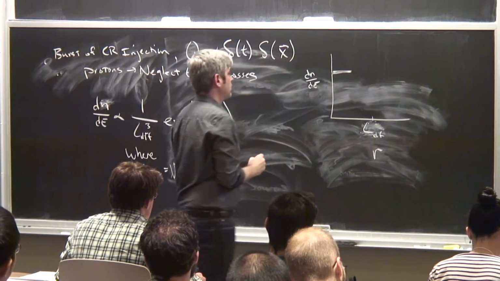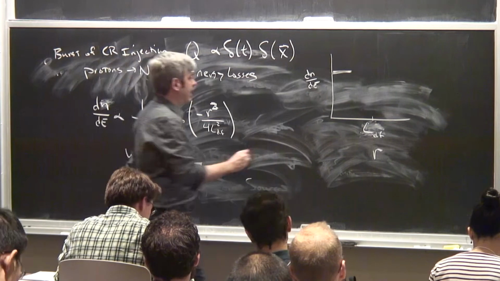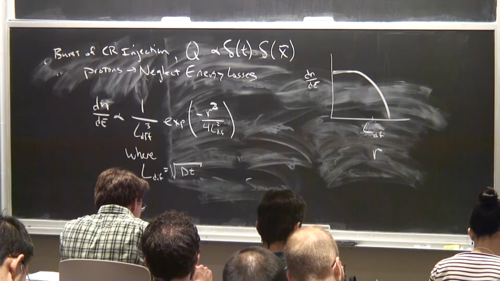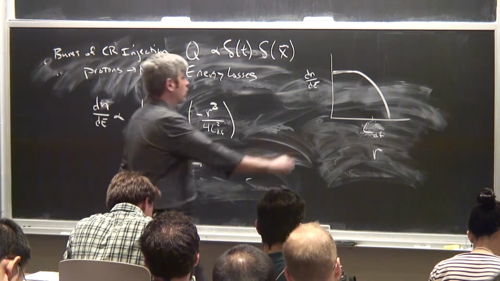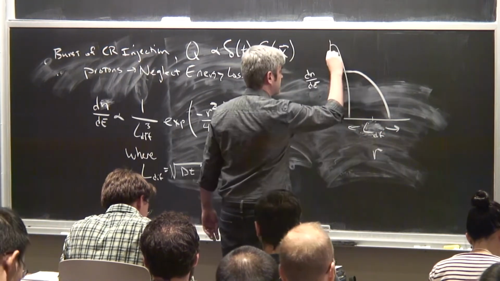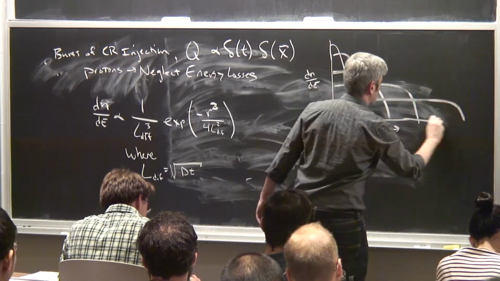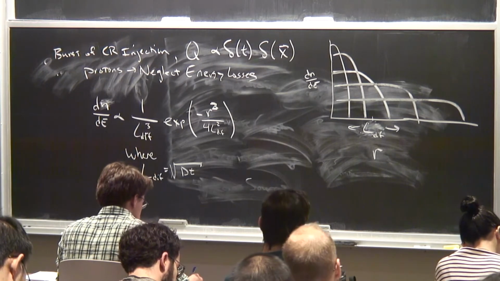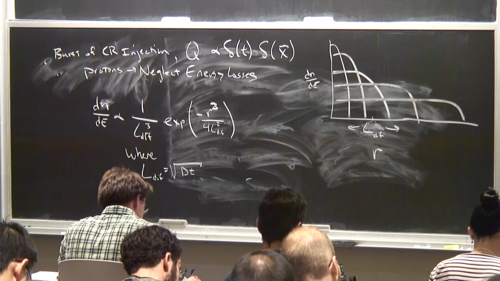So here it's just flat with respect to R, and then around L_diff, this exponentially falls off. And L_diff grows with time. So early on, you have something like this, and then like this, and then like this, etc. So this is a sort of profile evolution you expect to take place as time passes and the particles diffuse farther out. It's a standard random walk in 3 dimensions.